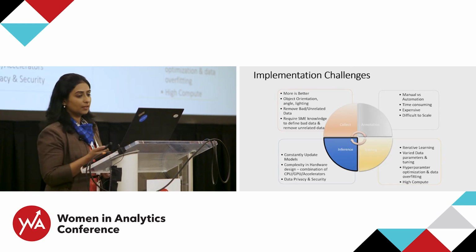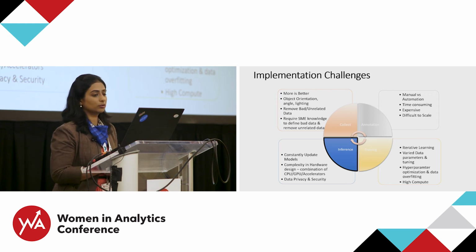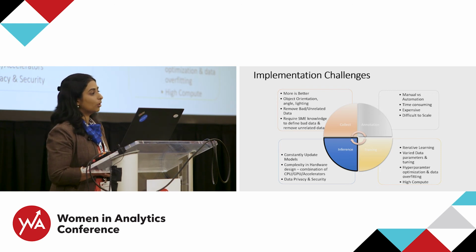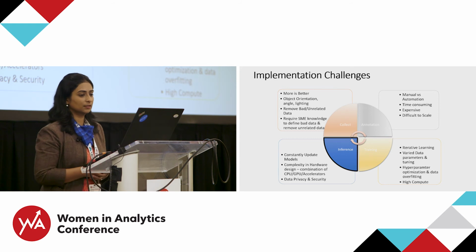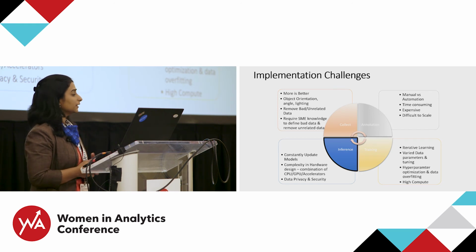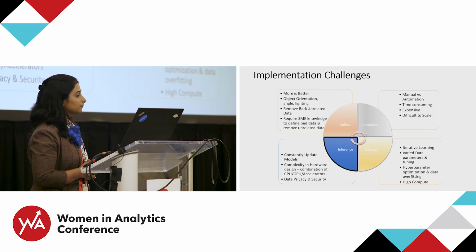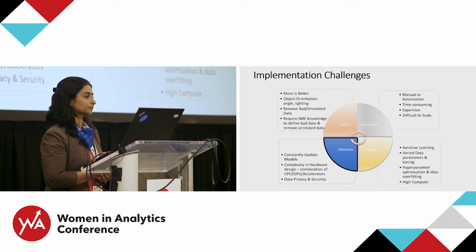The last step, which is inference, is where you have to constantly update the models. Deep learning models perform really well in development environments, but they fail miserably in production environments. So models have to be constantly updated in order to maintain and increase their accuracy. There needs to be some feedback mechanism implemented to understand this new data, feed it into your training system, and get a new model.